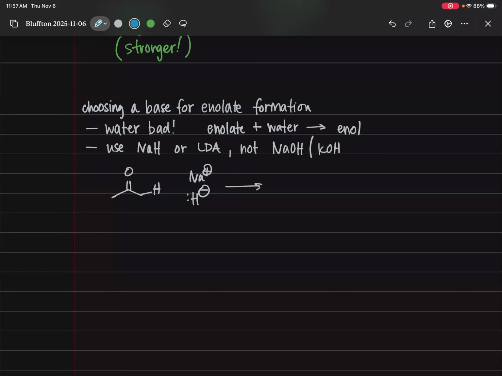So this is a stronger base than sodium hydroxide, and it has a very convenient property, which we're about to see. Okay, so we can draw the mechanism here, kind of just like we would for the acid and base catalyzed things above, except this isn't catalytic, as we'll see in a moment. So we deprotonate, grab that hydrogen, electrons move onto the carbon, and that forms our enolate.